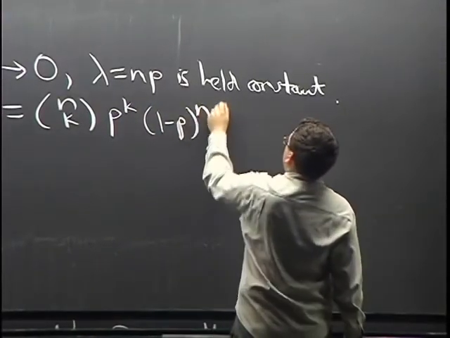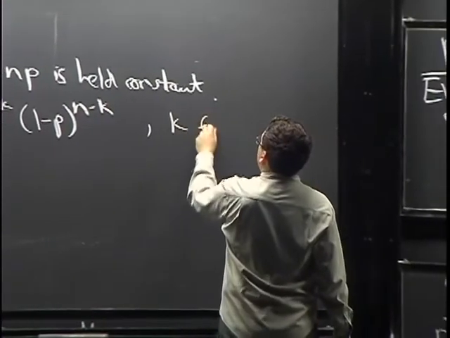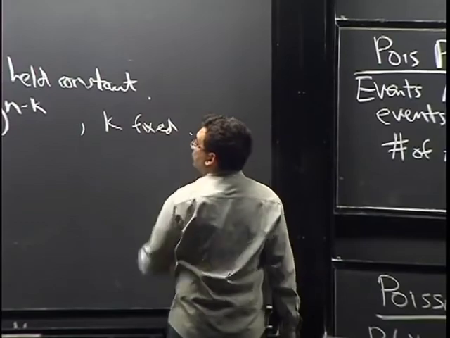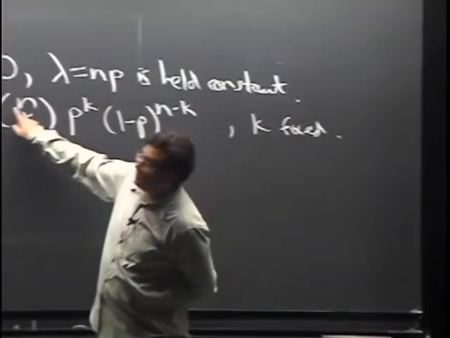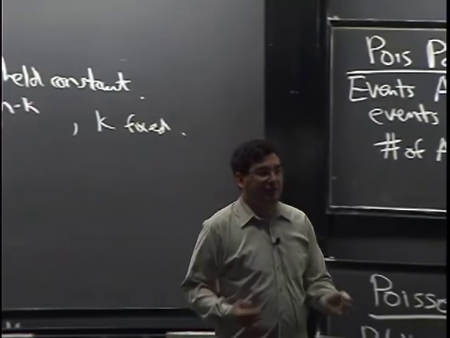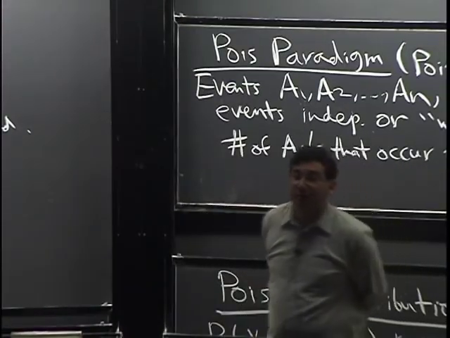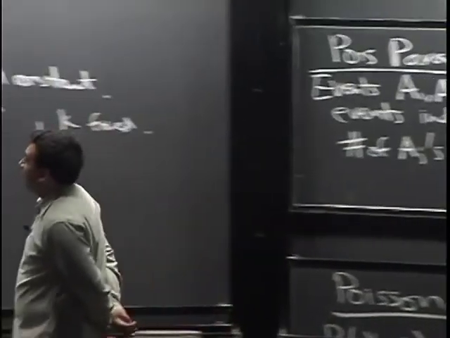So we want to know what happens to this thing, where we're treating k as fixed. As we're letting n get very large and p get very small, we want to look at one specific value for the PMF. So we're letting k stay constant.